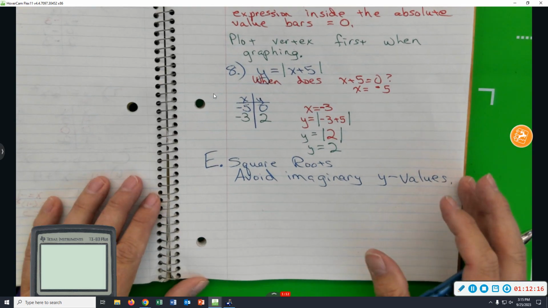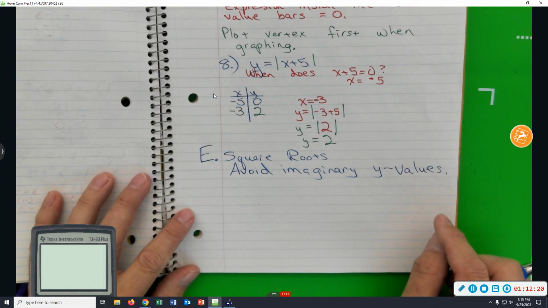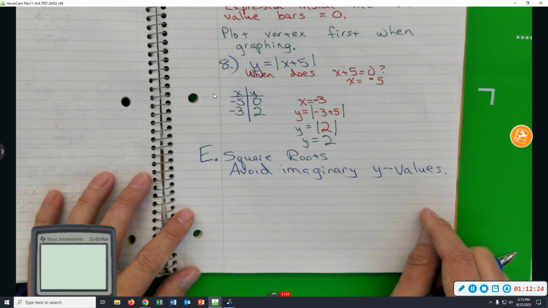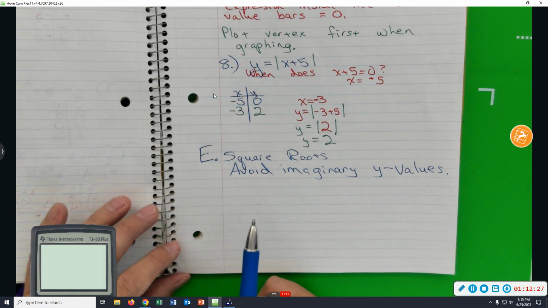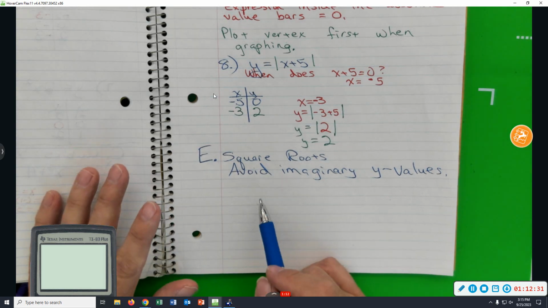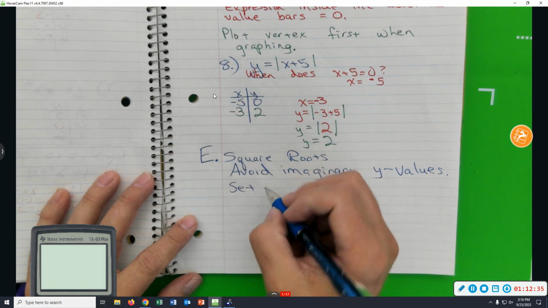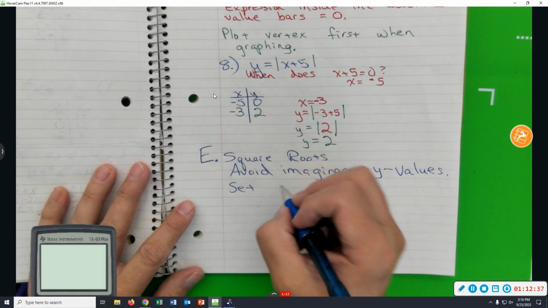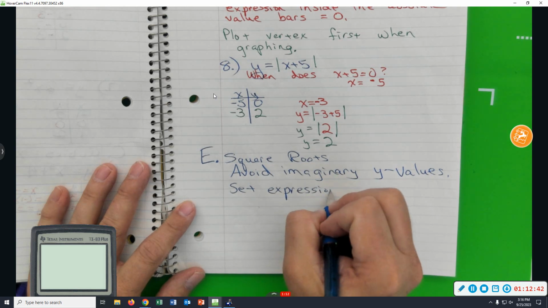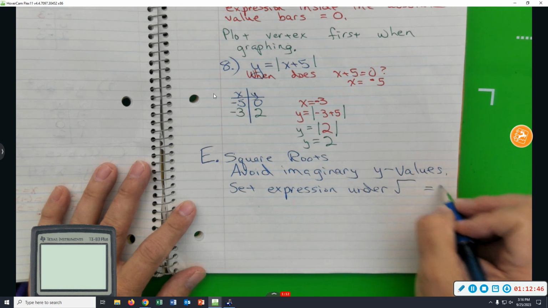Earlier in that other assignment, the square root of negative 9, that's the thing you don't want, a negative under the square root. Because it's imaginary, it can't be labeled on a number line. And my recommendation, set the expression under the square root equal to 0.